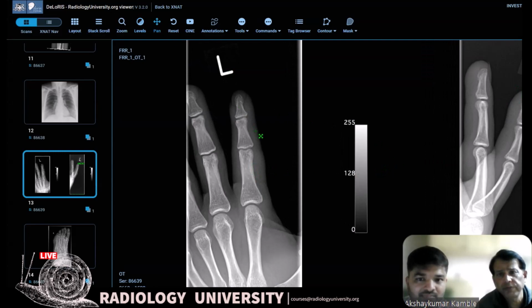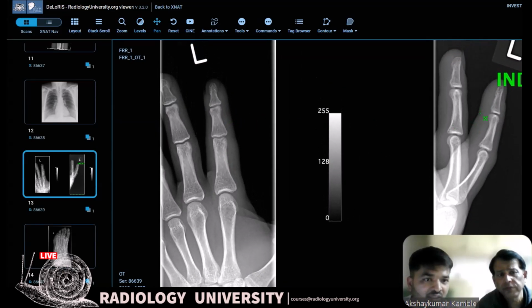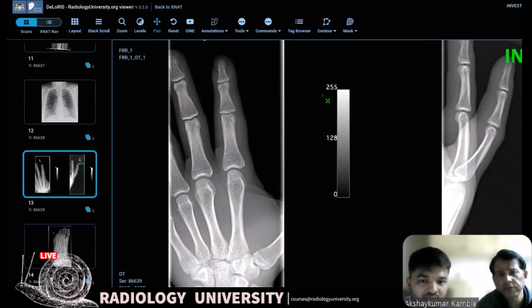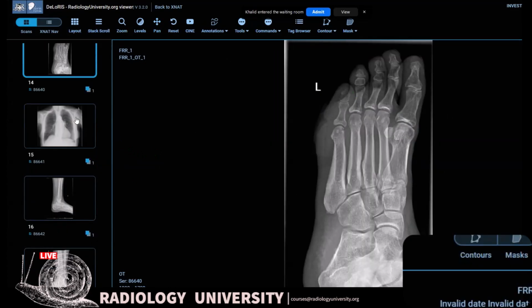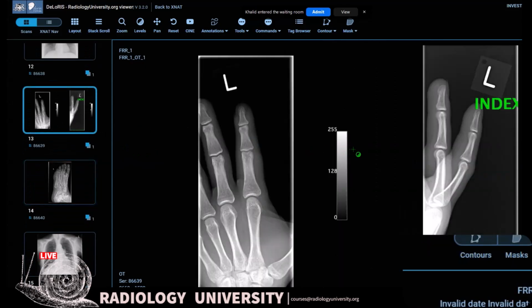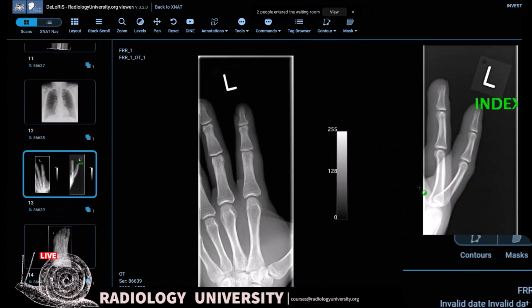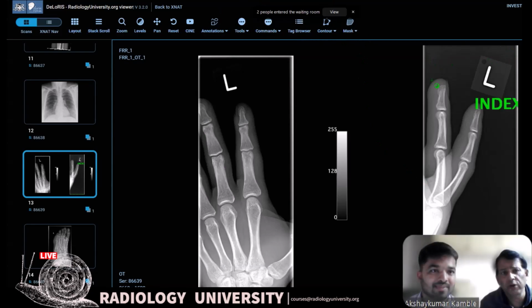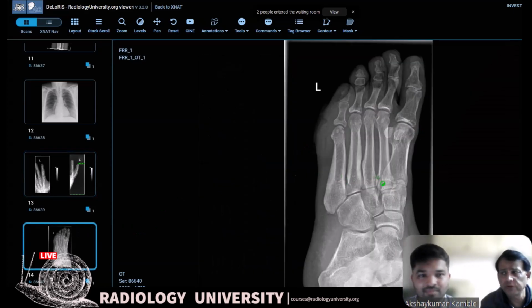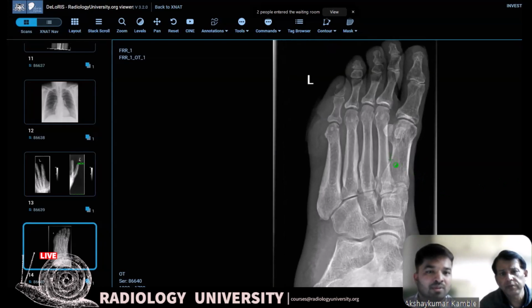Agree, normal. Anyone has any questions? Okay. On number 13, there is a nutrient foramen which was queried once, and then it's all normal. And number 14 we'll move on to. Number 14, what did you guys write about this one?